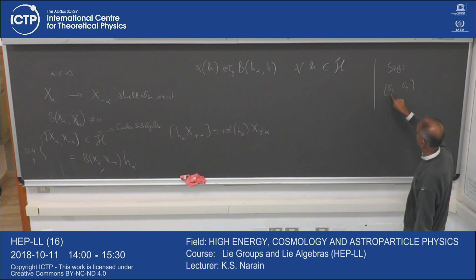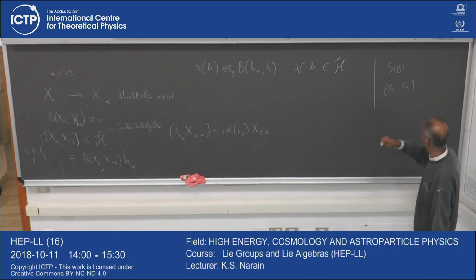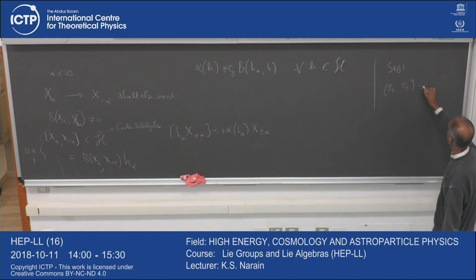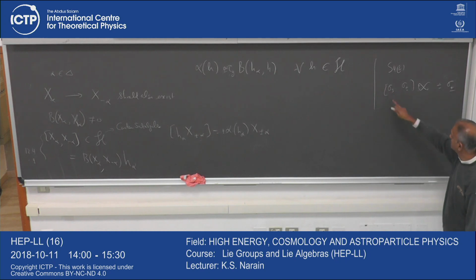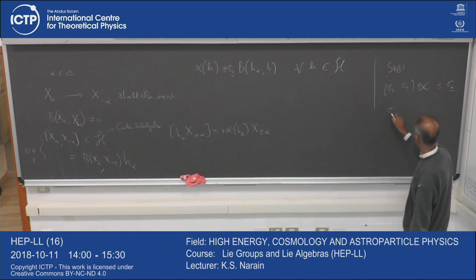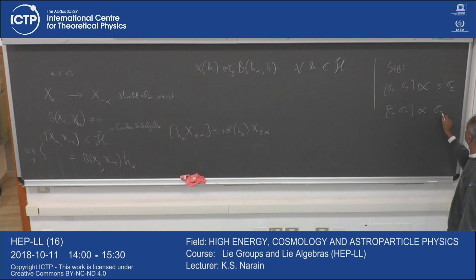Sigma 3 was playing the role of the Cartan H, and its commutator with sigma plus-minus was proportional to plus-minus sigma plus-minus. This proportionality depends on how you normalize them; you could put a half or whatever. Furthermore, the commutator of sigma plus and sigma minus was proportional to sigma 3.